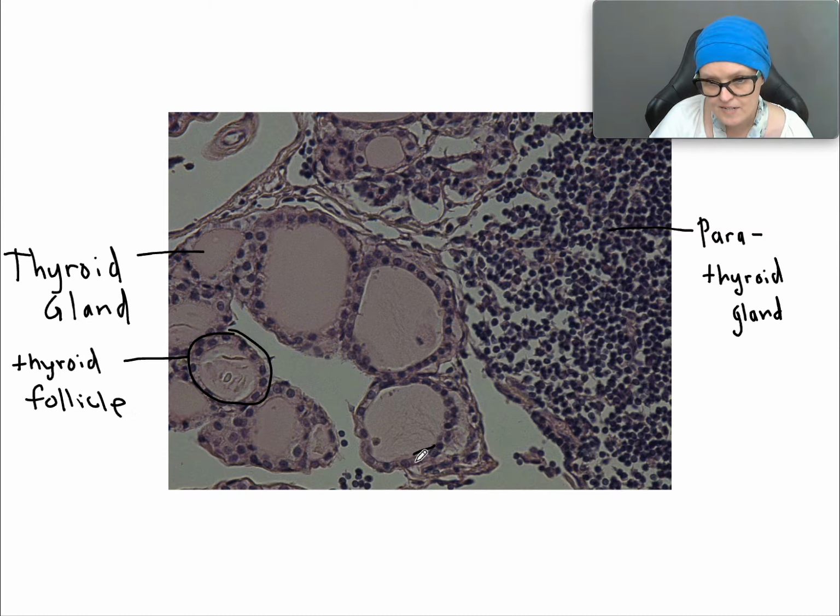Now, the cells that make up the walls of the thyroid follicles, what are they called? Thyroid follicle cells, or follicular cells.